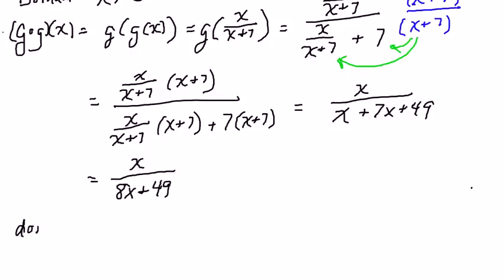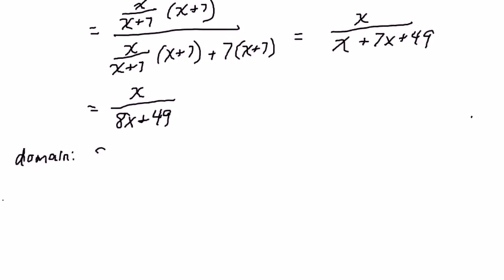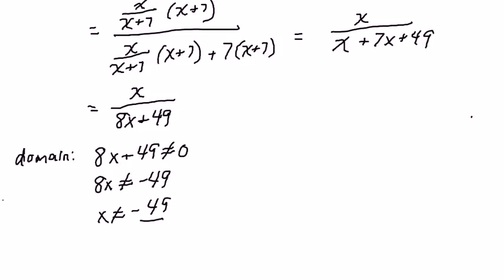The domain is the allowable x values, so we don't want the 8x plus 49 to be 0. So we'll say 8x plus 49 is not 0. That means 8x is not negative 49, and x must not be negative 49/8.